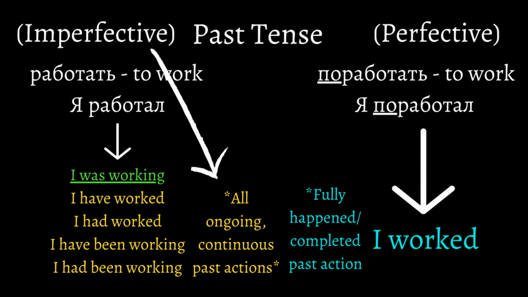This is what I meant when I said that actions in the perfective cannot be undone without any internal changes, indicating simplicity, and the closest English concepts that connect to that are the past and future simples. That's the connection between tenses and aspects in English and Russian, and this is how the imperfective and perfective work in the past tense. Now, let's see what the verb работать will look like in the future.